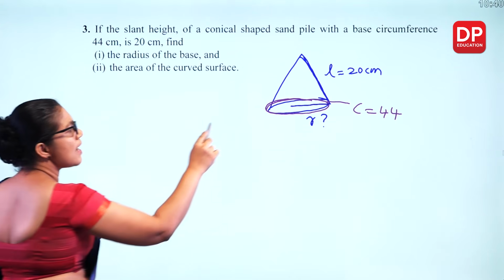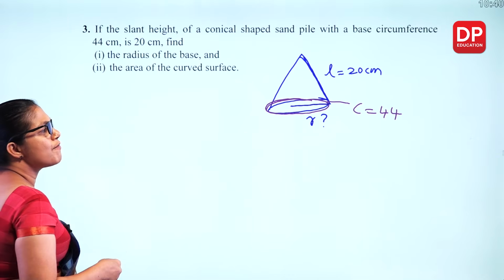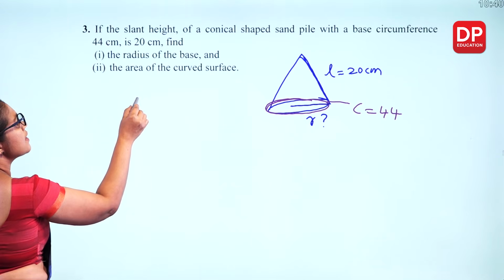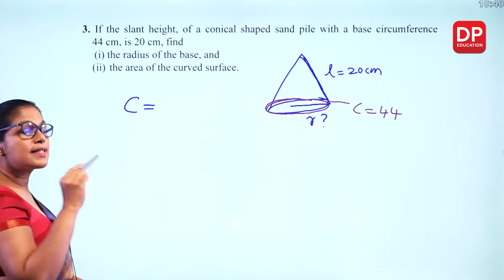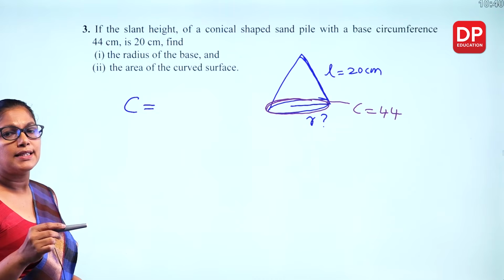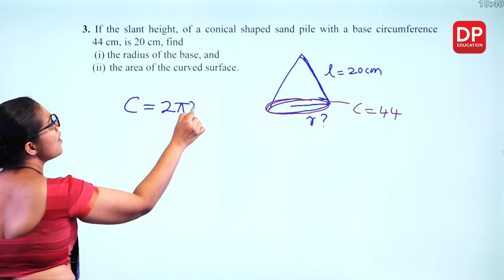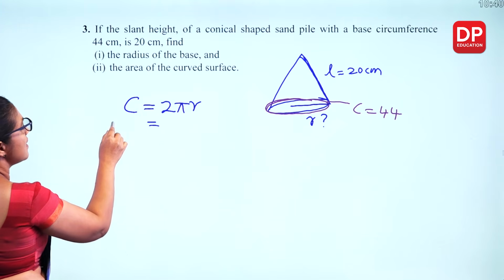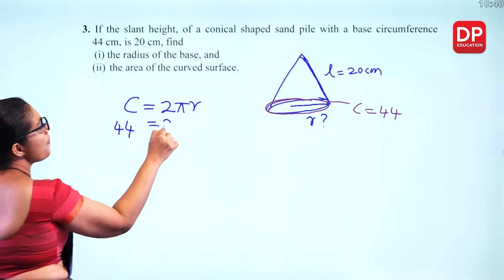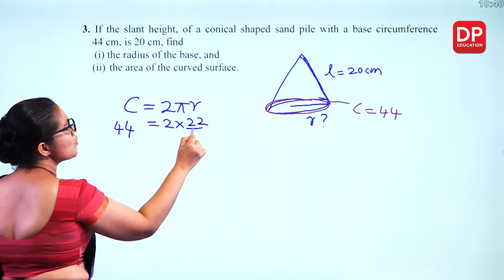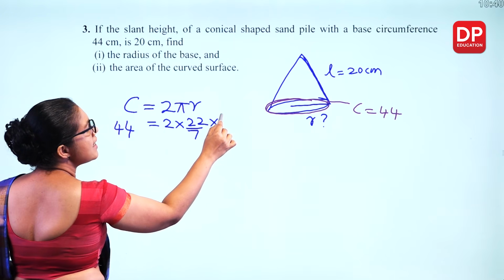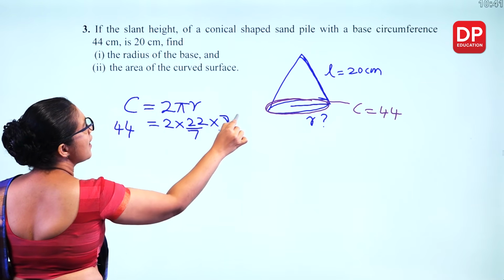To get r, you can use circumference formula. So what is circumference formula? Circumference of a circle, 2 pi r. You can use that one to find out radius. It's given 44. Pi you can take as 22/7. Radius we need to find.